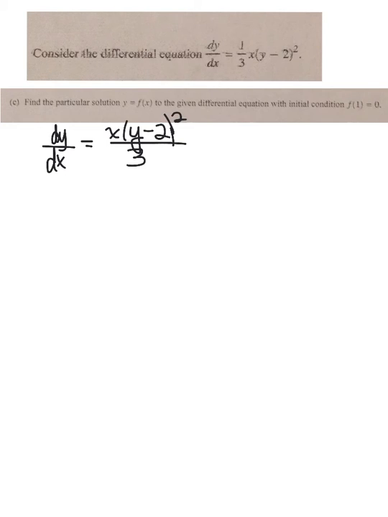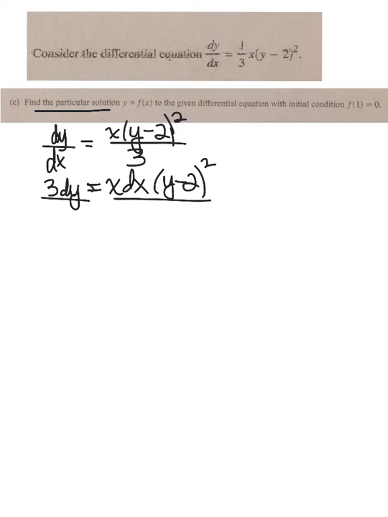All right, part C says find the particular solution, and hopefully at this point you know that means to cross multiply and separate the variables. So I'm going to get 3 dy equals x dx times y minus 2, that quantity squared. Okay, so I'm going to divide out that y minus 2 quantity squared, but at the same time I don't want that 3 over there on the left-hand side either.